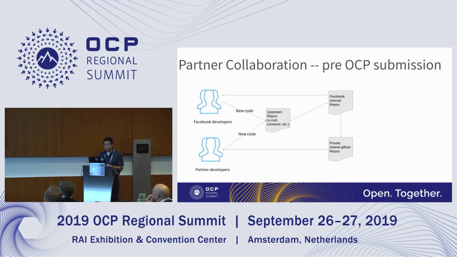Partner collaboration. When we work with our partners, before the OCP submission, we adhere to strictly upstream model. So we want all the new code to go to upstream first. And then our build system actually grab it from a mirror of the upstream.